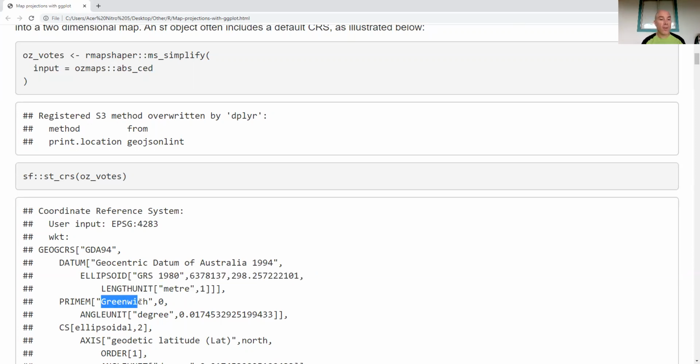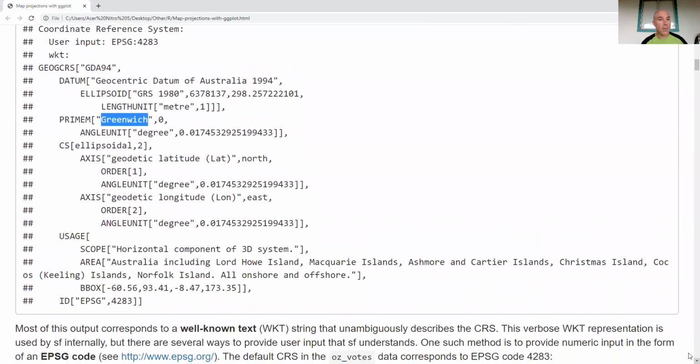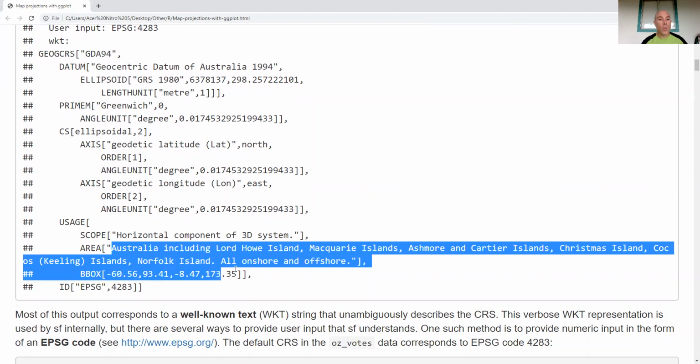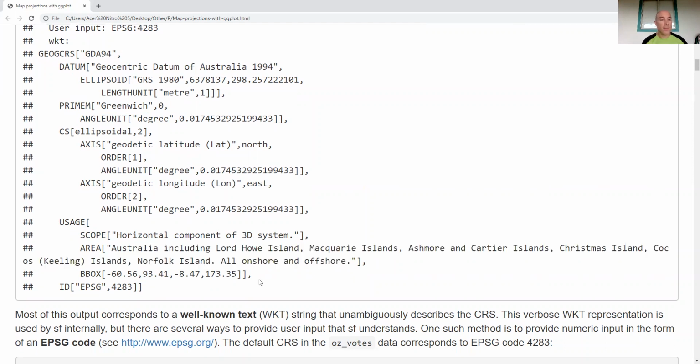We can see that we're referencing latitude and longitude off of Greenwich. And we can keep digging in on the information. Very nicely, it tells us the area that this is intended for, and here is the box in terms of latitude and longitude of where we're mapping.